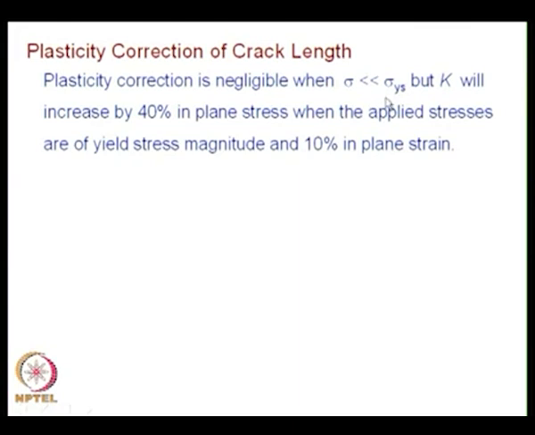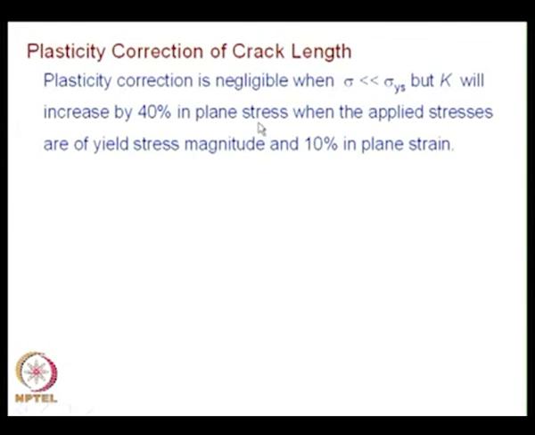Now, what we will have to know is in what way K can change. If the value of applied stress is closer to sigma ys, K will increase by 40% in plane stress and 10% in plane strain. So, that relative increase of K is significant.